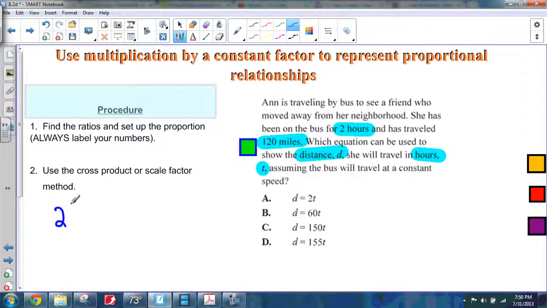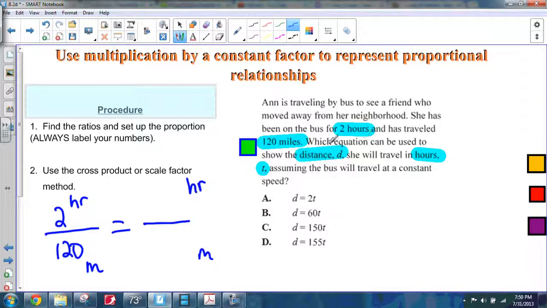So 2, write your label, hours, and put it over 120 miles. Don't forget your labels. So that means our labels tell us that the numerator here must be a time unit of hours and the denominator must be a distance unit of miles.